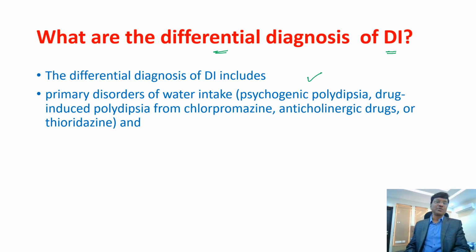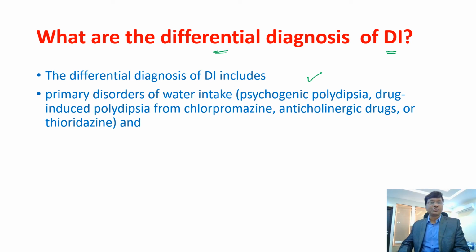See, in patients with psychogenic polydipsia, the individual will try to consume an excess amount of water because of some psychological disorder. So that is the reason why the individual will also be excreting an excess amount of urine.